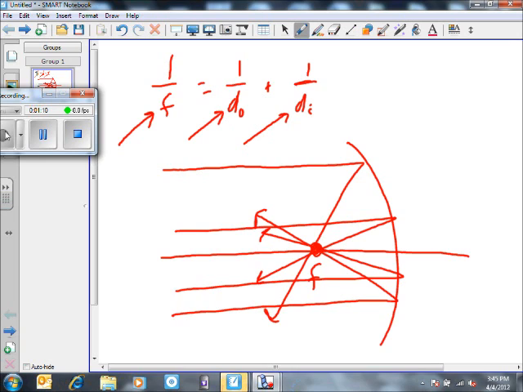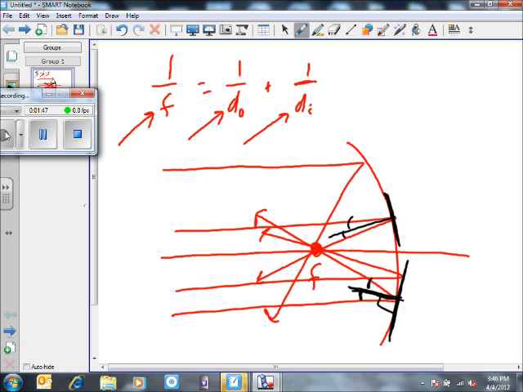The reason they are converging is that these rays are following the principal law of reflection, which says that if you have a tangent to the curvature of the mirror and you get the perpendicular there, that's called the normal. And this angle is, by the law of reflection, the same as that angle. So that's what governs this idea.